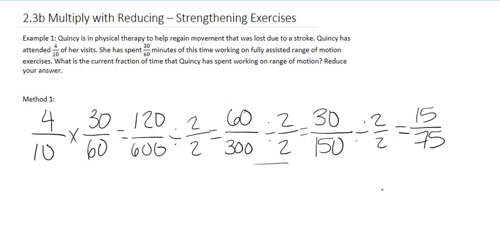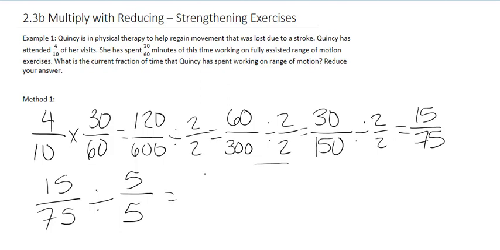So let's now just bring this number down below. So now we're going to want to divide by 5 because both numbers are not even and they end in 5. So 15 divided by 5 is 3. And now 75 divided by 5 is 15.